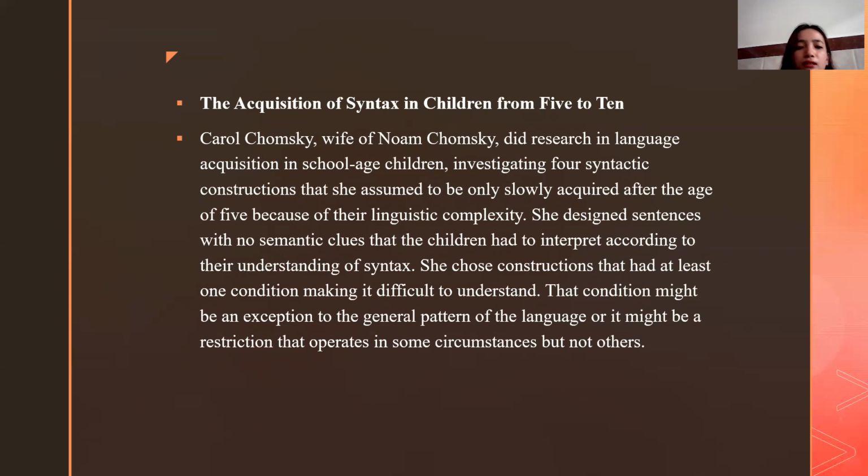She designed sentences with no semantic clues, so the children had to interpret them according to their understanding of syntax. She chose constructions that had at least one condition making them difficult to understand. That condition might be an exception to a general pattern of the language, or it might be a restriction that operates in some circumstances but not others.